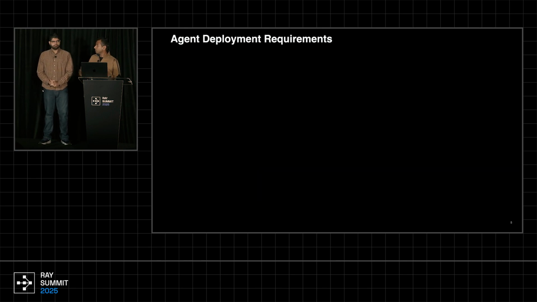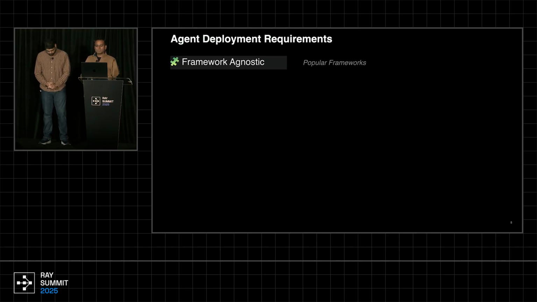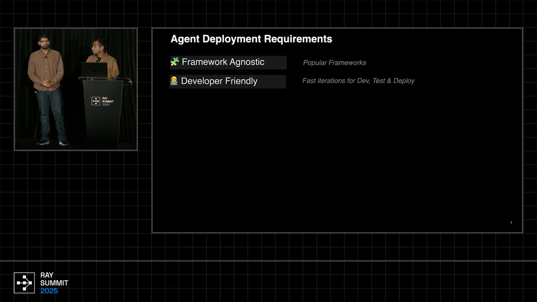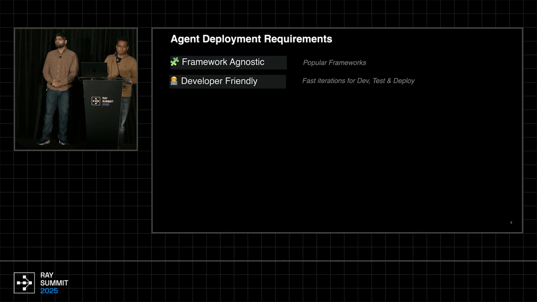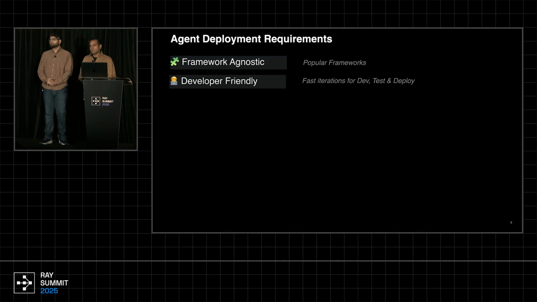Let's keep this in context and see what is required when you want to deploy an agent in a production grade environment. The agent engine needs to be framework agnostic, right? You might be using popular open source frameworks to develop an agent, and all of those should be deployable. Then it needs to be developer friendly. The code you write locally, you should be able to take to production without making significant changes from dev to prod.